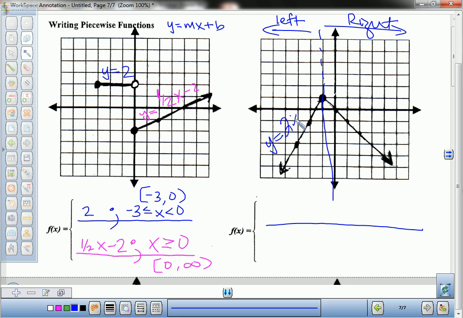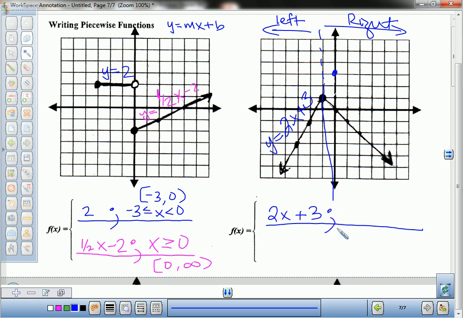The slope is 2. Now we need the y-intercept. It actually doesn't intersect the y-axis. But if we kept going, up 2 over 1, up 2 over 1, do you see it would intercept the y-axis at 3? So, plus 3. So my equation is 2x plus 3. F of x equals 2x plus 3.